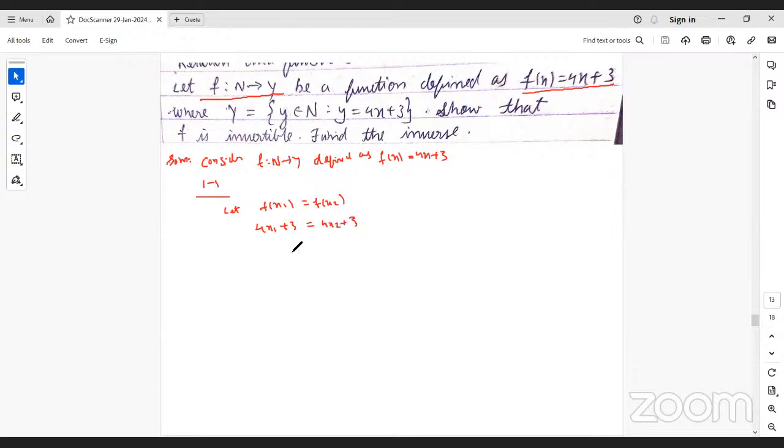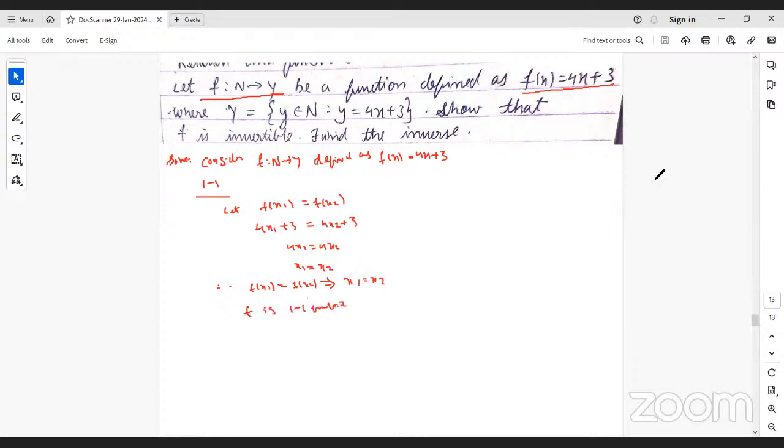The 3 and 3 cancel off, so 4x1 is equal to 4x2, or x1 is equal to x2. So we have proved that f of x1 equal to f of x2 implies x1 equal to x2. When this condition is proved, that is, if the images are equal then the elements are also equal, the function is a one-one function. So f is a one-one function.